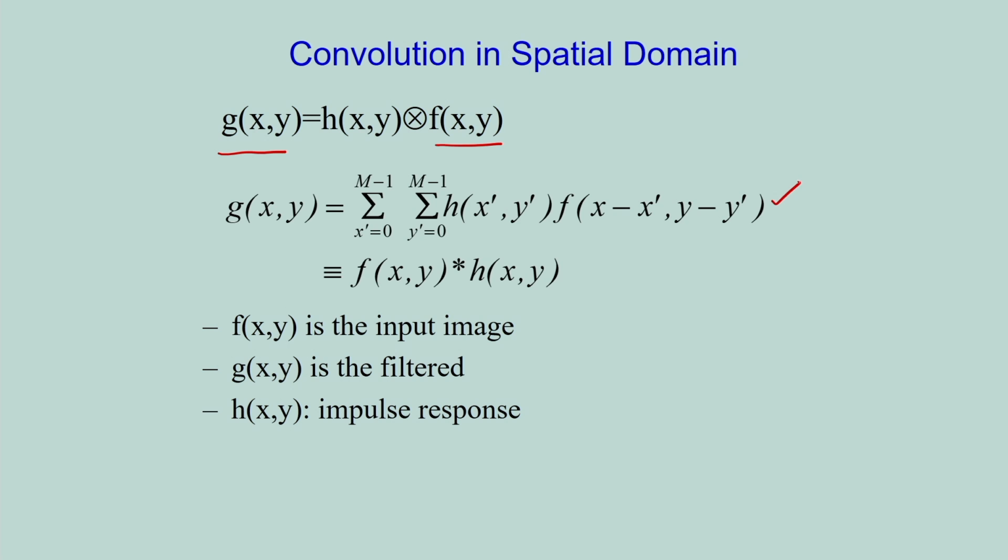So this is the convolution operation, you can see. So g(x,y) is equal to f(x,y) convolution h(x,y). So f(x,y) is the input image, g(x,y) is the output filtered image, and I am considering the impulse response. The impulse response is h(x,y). So this is the definition of the convolution in the spatial domain.